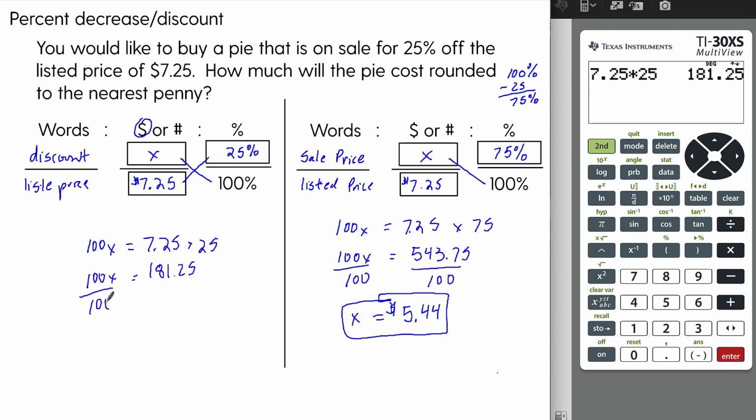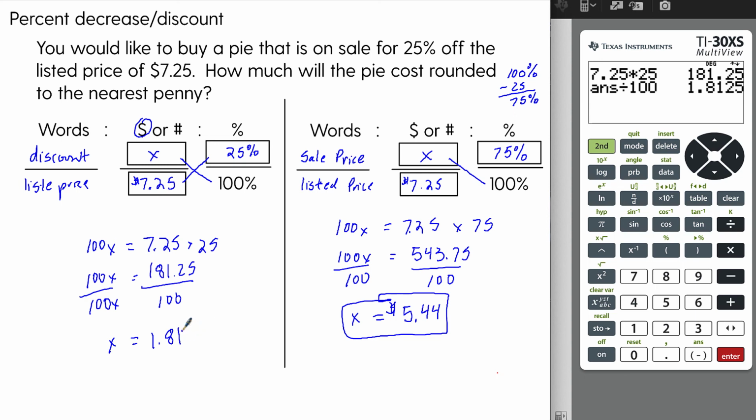And then we divide after we cross multiplied. So let's take that and divide it by 100. And we get the discount. What you're not paying is $1.81.